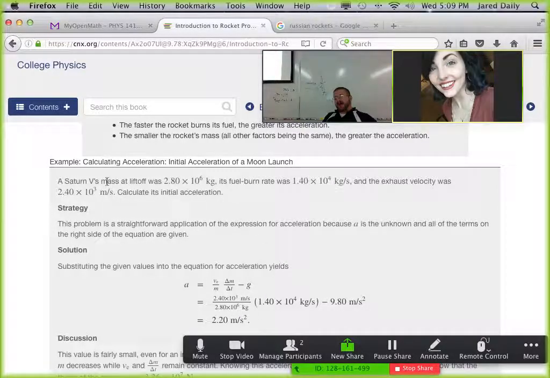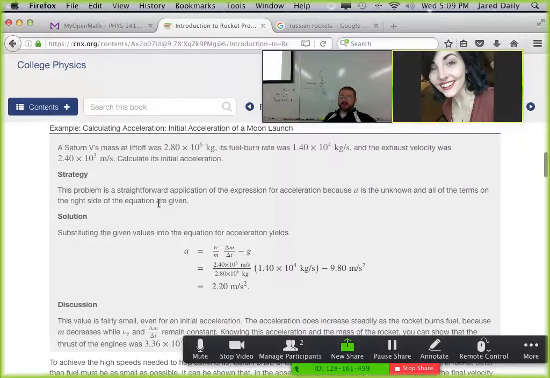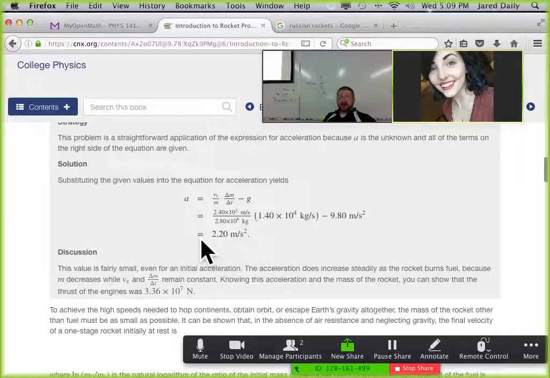For the Saturn V, the mass at liftoff was 2.8 times 10 to the 6 kilograms, and it burned fuel at a rate of 1.4 times 10 to the 4 kilograms per second. So that is your delta M right there. The exhaust velocity, V sub E, is 2.4 times 10 to the 3 meters per second. We calculate its initial acceleration from that, plug all the numbers in, and get 2.2 meters per second squared.